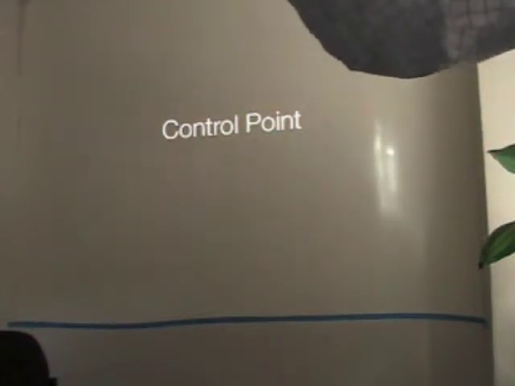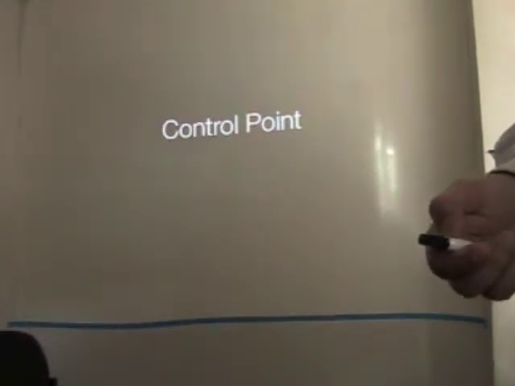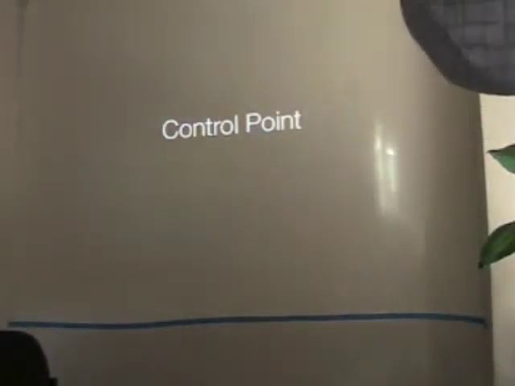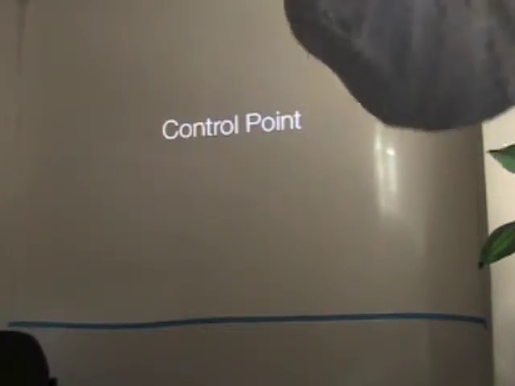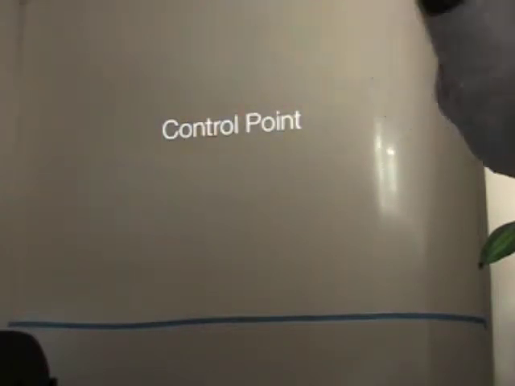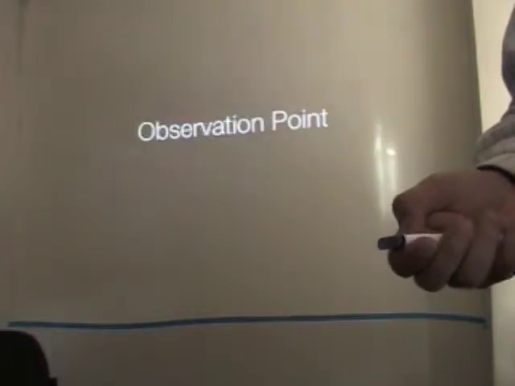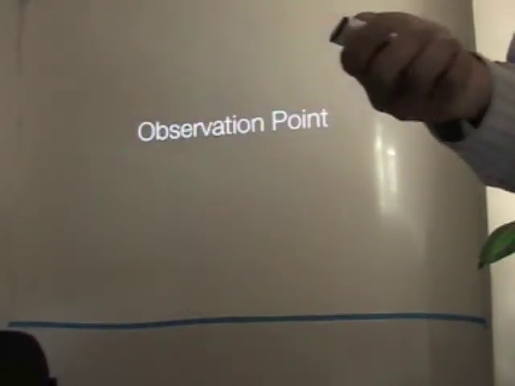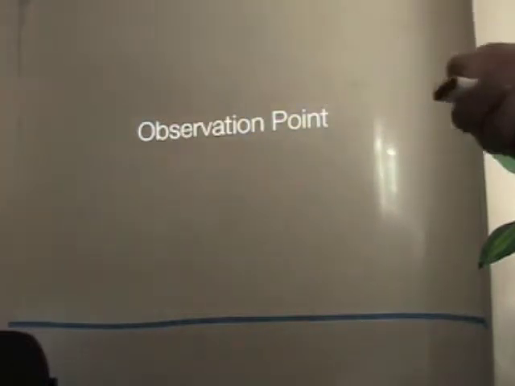Those are all the control points. The observation point is where we are observing what's happening, what's returning. In this case, you can see that the LED is obviously visible. So that's the observation point.